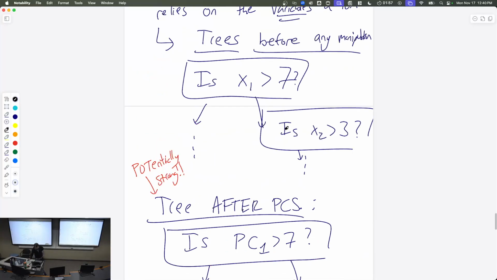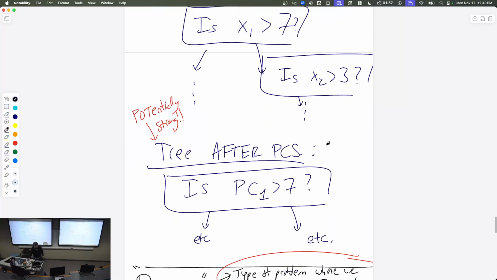But part of the reason trees were nice is because these questions were about things we can measure. If you're a doctor asking whether this person is having a heart attack, I can check: is their blood pressure greater than a certain amount? Is their temperature greater than a certain amount? These are all questions that make sense. Whereas with a principal component, it'd be like, measure their blood pressure, multiply it by 0.7, add it to their temperature times 0.3.